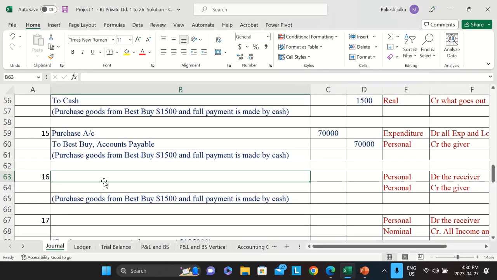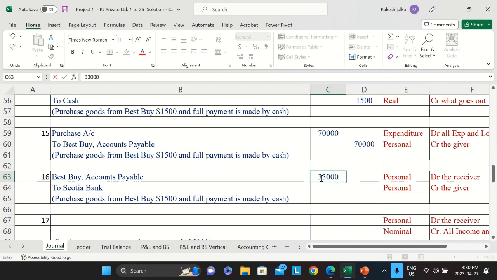So in this case, we will write here Best Buy to Scotiabank. Okay, so Best Buy account debit to Scotiabank. This is the 16th transaction, and how much payment is given? $33,000 here, $33,000 here.